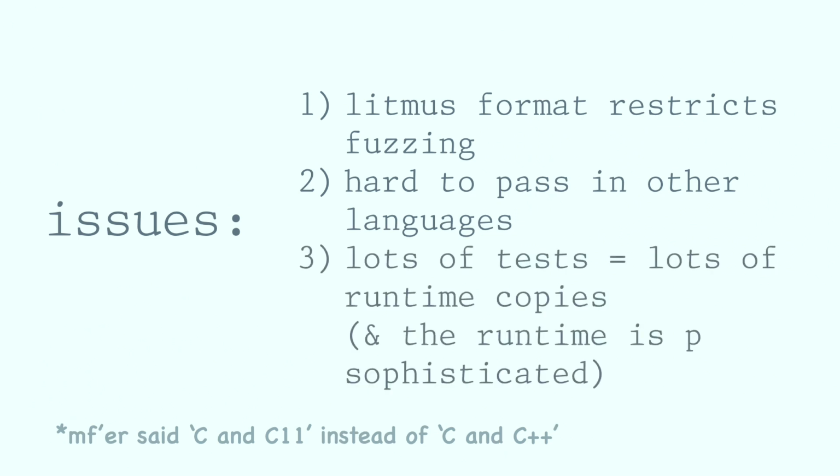And also, because we're transcluding the source of the litmus test directly into this harness and then compiling the whole thing, that bakes in this runtime and all the various command line arguments and different modes and everything that it supports. And so you end up with a lot of duplication when you're producing lots and lots of tests, lots of runtime copies. It's not very efficient, and if you change the runtime, it doesn't change the tests. So a bit like DLL hell, really.